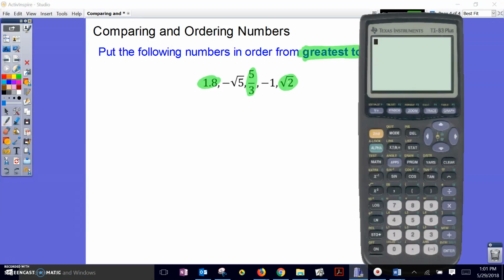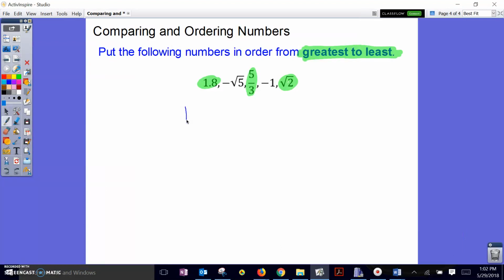We've got 5/3, which is about 1.6 repeating. And we've got square root of 2. Which of those numbers is the biggest? The one with the biggest magnitude, and that's going to be 1.8, followed by 5/3, and then square root of 2. So 1.8, 5/3, square root of 2.